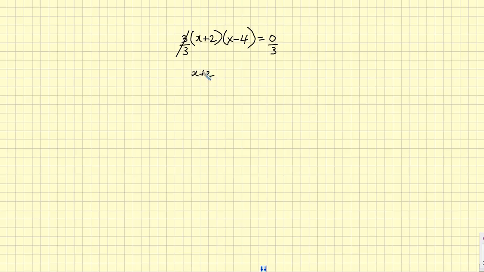So we have x plus 2 and x minus 4 equal to 0, and therefore, using the null factor law, x plus 2 either equals 0 or x minus 4 is equal to 0. So x equals negative 2 or x equals 4.